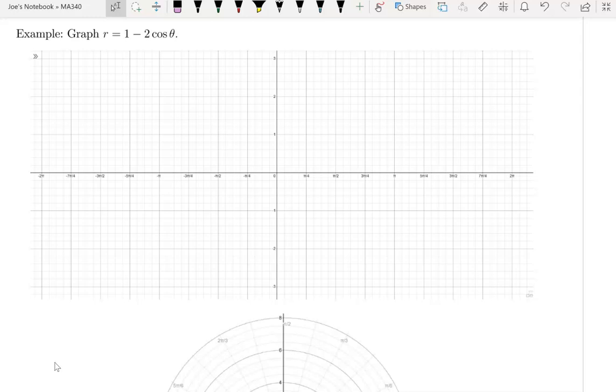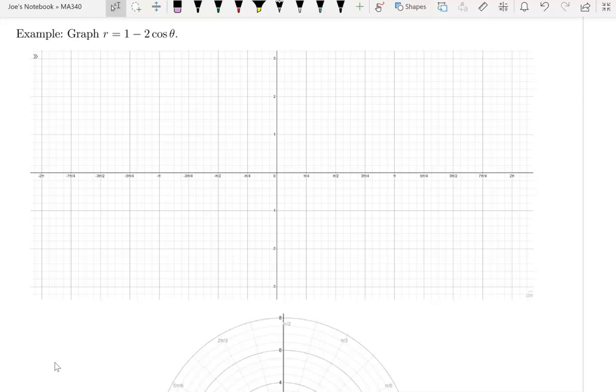So if we start with a base graph of cosine, what does the 2 do out in front? What does it change? That changes the amplitude, right? So instead of going from -1 to 1, it goes from -2 to 2. What does the negative sign do? You're going to flip it upside down. Good.